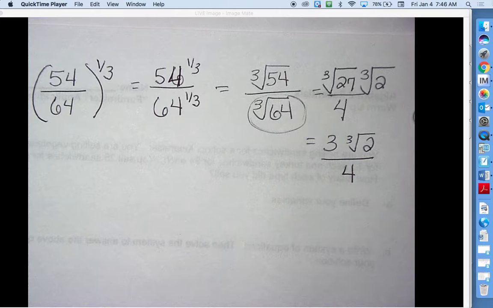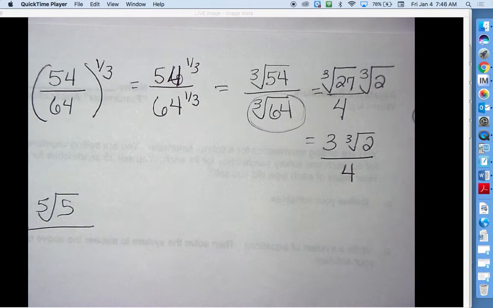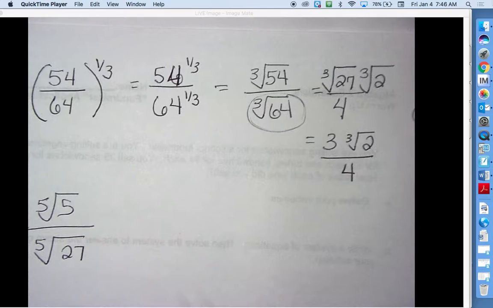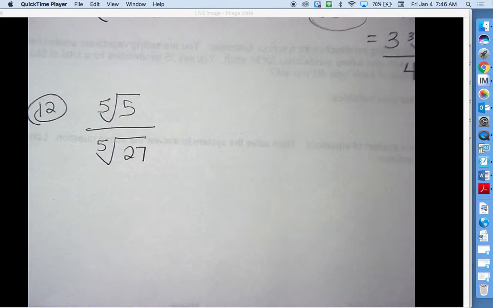So number 12 has the 5th root of 5 and the 5th root of 27. This is a good one to look at too. So in number 12, we still want to simplify, but we have a radical in the denominator, and we have to make sure the denominator is rationalized.